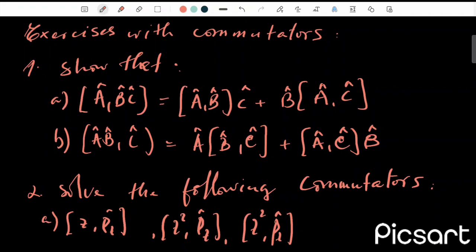In this video we will solve some exercises about commutators.